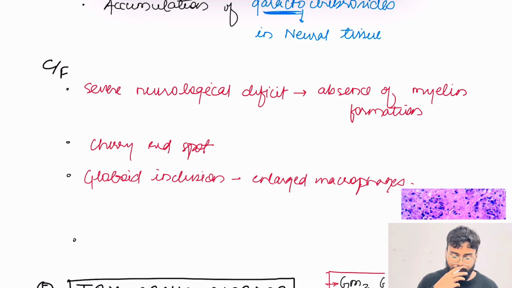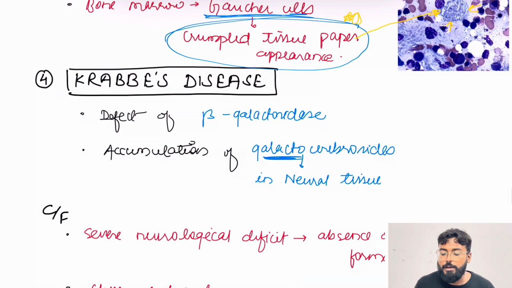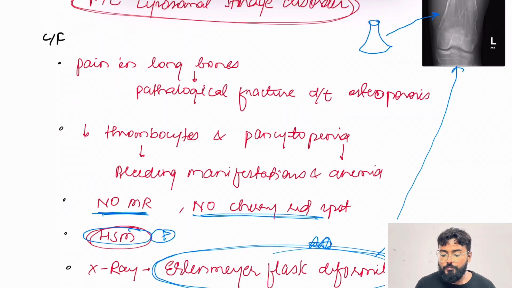That too you are going to see in white matter of brain, but you are not going to see hepatosplenomegaly. Hepatosplenomegaly is not seen in case of Krabbe's disease.